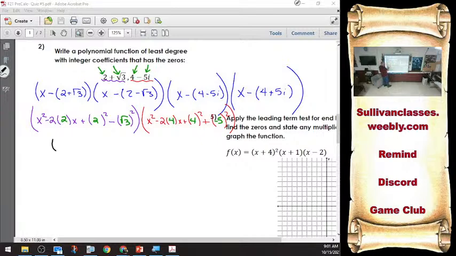So first one, x squared minus 4x, 4 minus 3. X squared minus 8x, 16 plus 25.